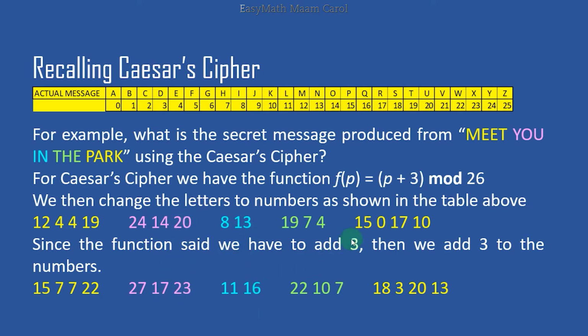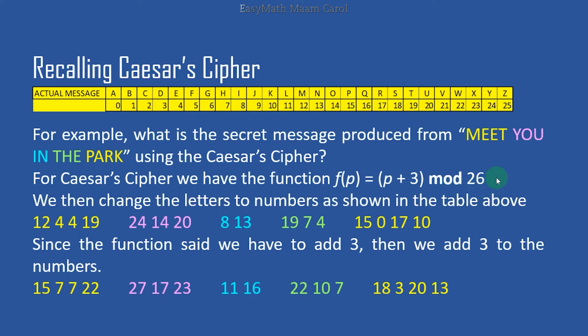And so on, until you reach the end, where 10 plus 3 is equal to 13. Now, you will notice there is nothing peculiar with this except for the number 27, which went beyond 25.